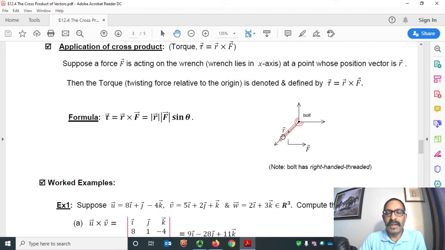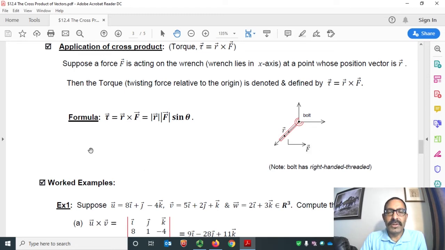It means we are forcing the wrench, tightening the bolt, and then we are finding that twisting force. The formula is simply tau equals r cross F. We are holding the wrench here, so we find the position vector, and we put the force in this direction, which is a force vector.